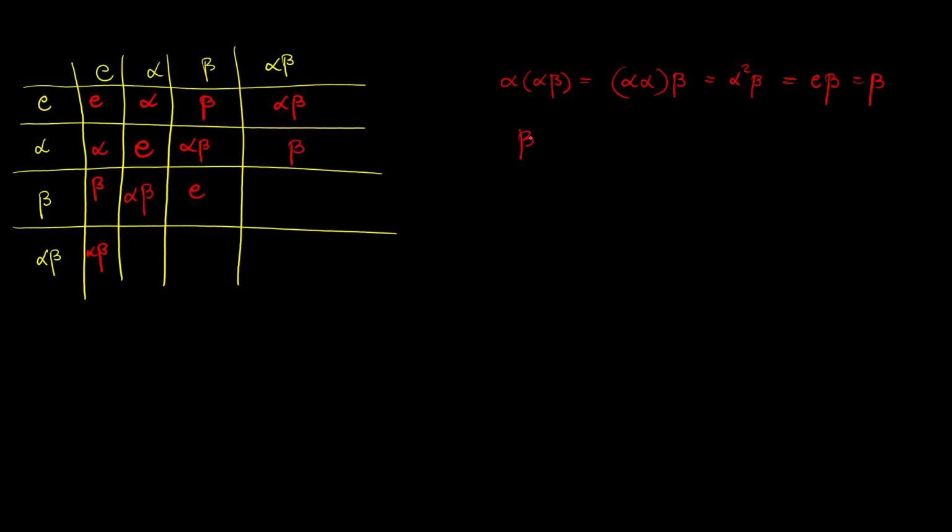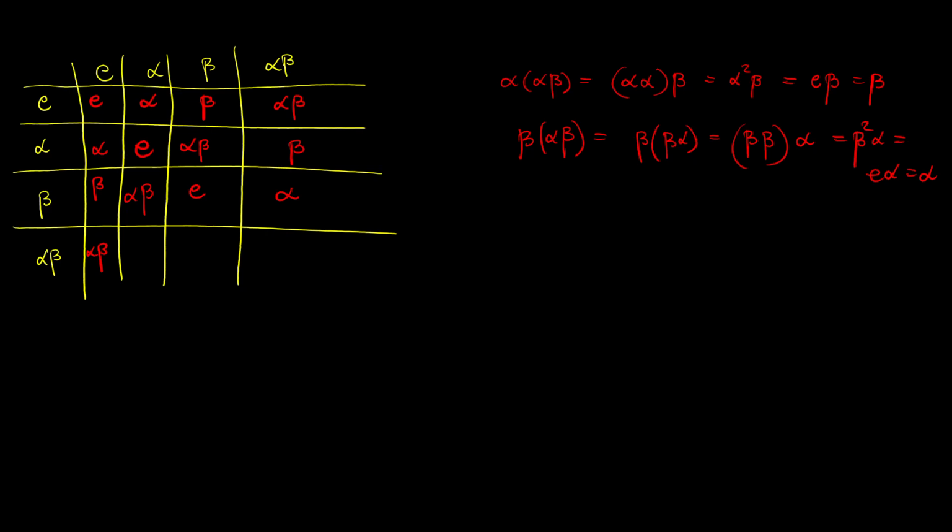What is beta times alpha beta? We can again use the commutativity here, and then we get beta times beta alpha, which by associativity is beta times beta times alpha, which is beta square times alpha, which is identity times alpha, which is alpha. So it is alpha.